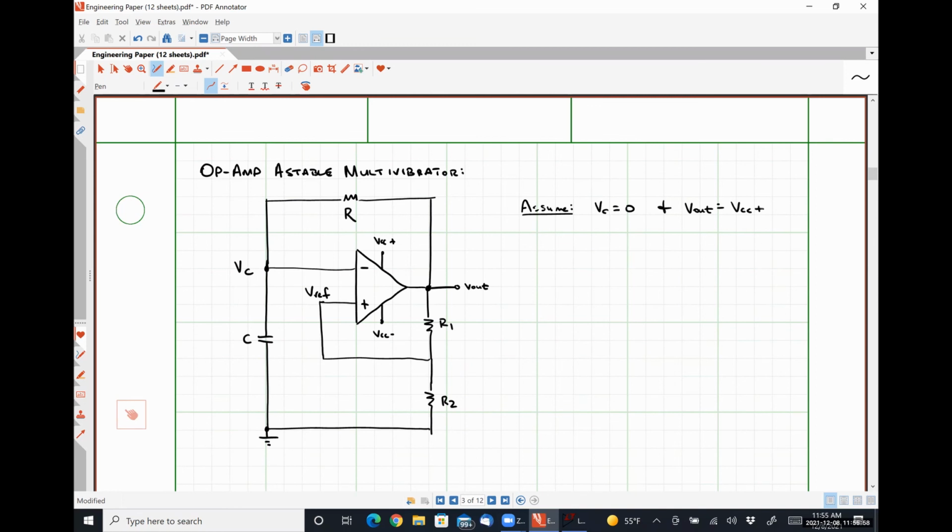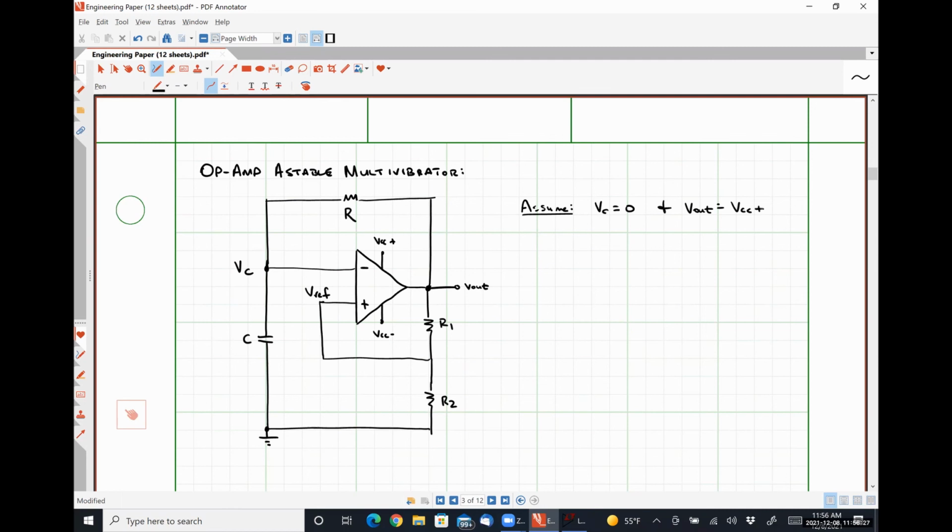So if V out starts at VCC plus, this is a positive voltage. This voltage here is 0. So we should expect to see some current flowing through this resistor R. That current flowing through resistor R is going to effectively charge that capacitor.